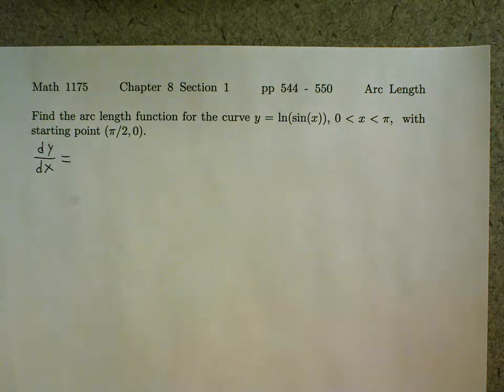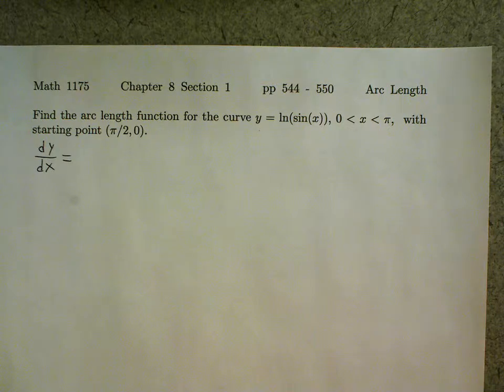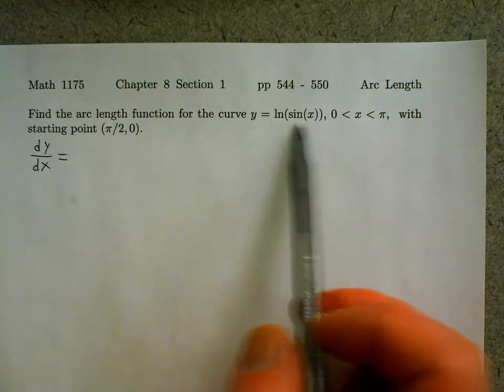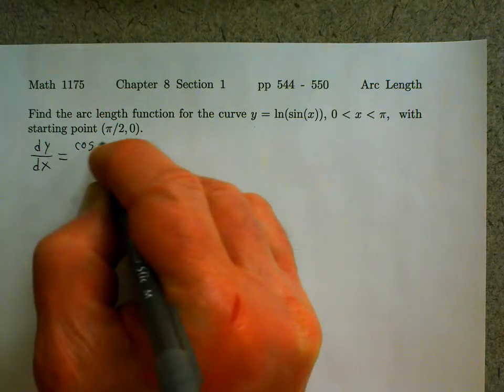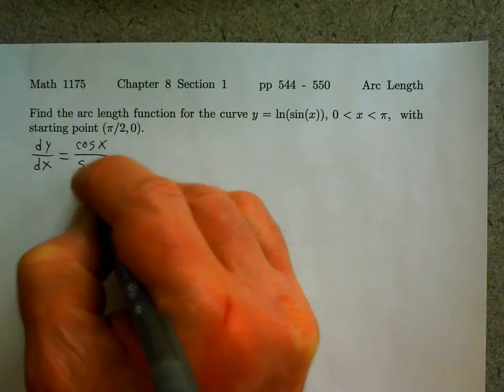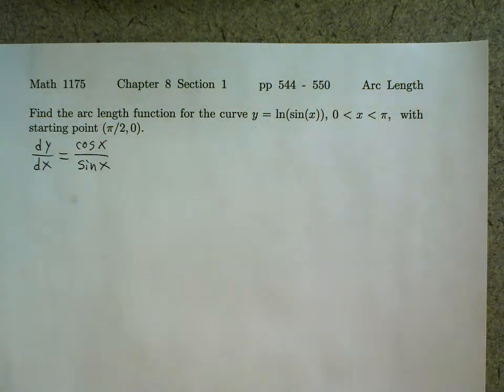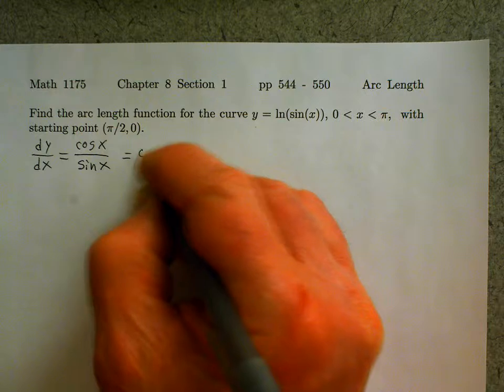How much of that you write down is sort of dependent, but this is similar to what we saw earlier. The derivative of sine of x is cosine of x, so that goes in the numerator, cosine of x, and sine of x goes in the denominator. But cosine of x divided by sine of x is cotangent of x.